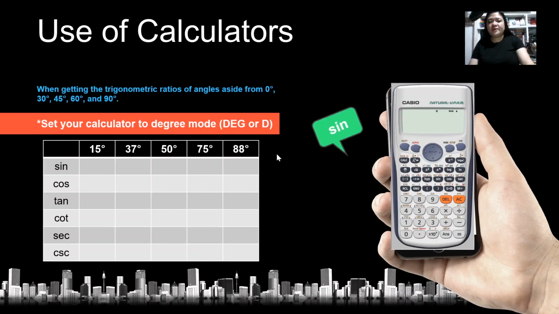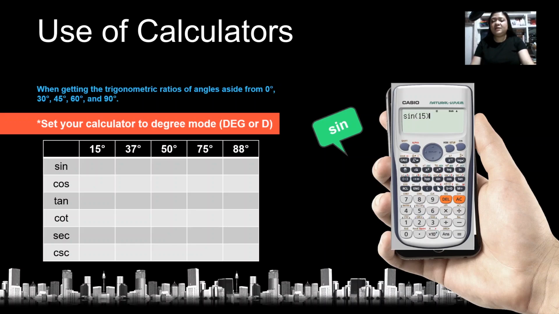First, let's start with the sine function. We will get the value of sine 15. So, how are we going to use our calculator? You will see here that we have 3 trigonometric ratios, the sine, cosine, and tangent. To get the value of sine 15 degrees, now that we are sure that our calculator is set in degree, just press or click sine, then type the angle measure that you want to get.